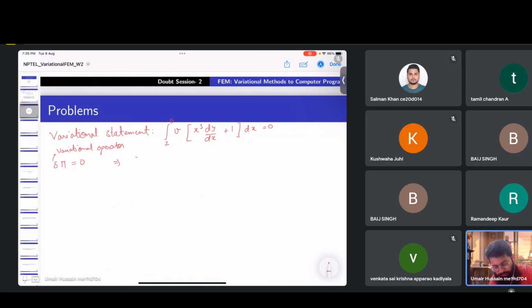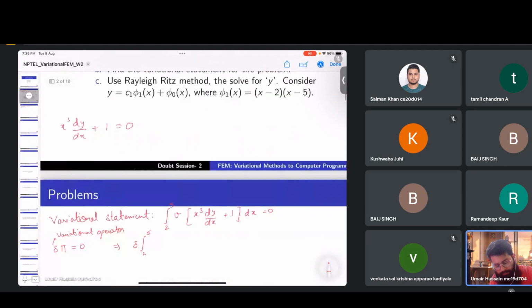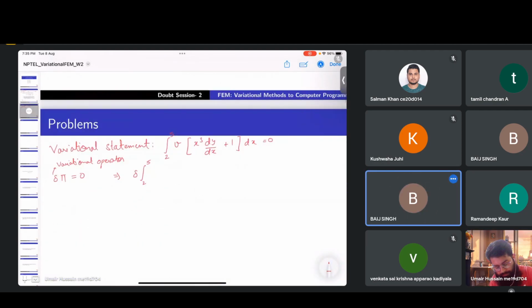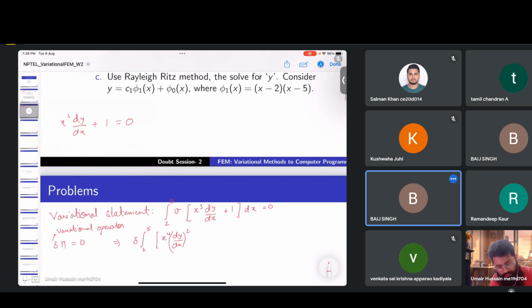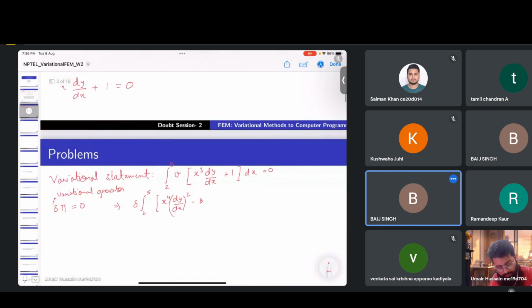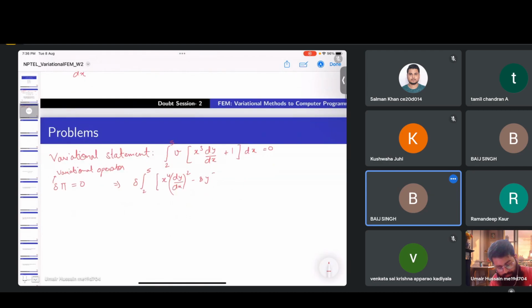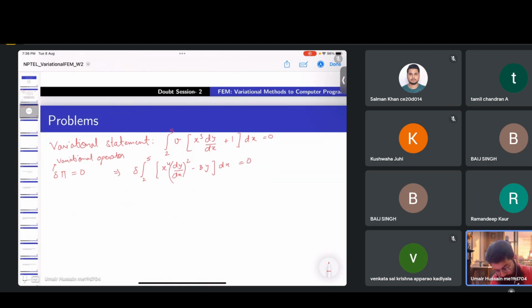So if we apply it on our functional, I hope I'm doing it correctly.